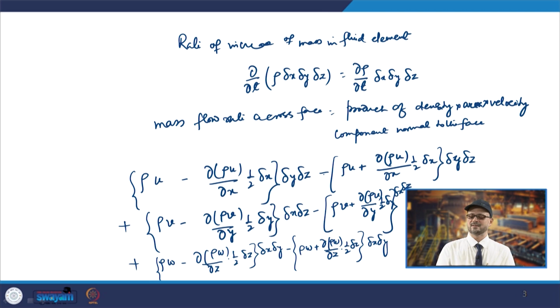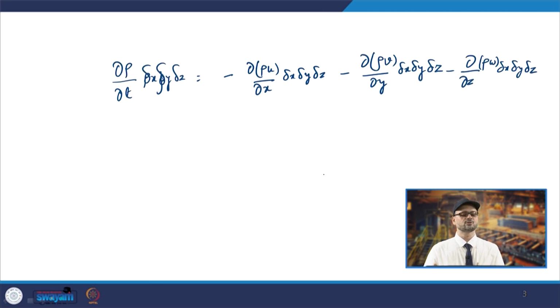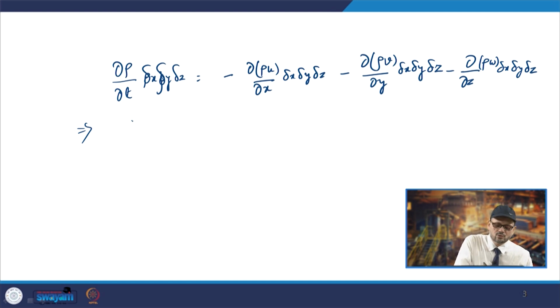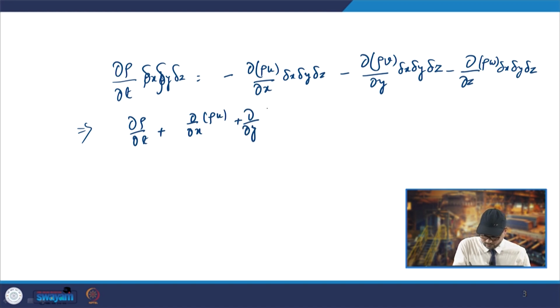So the half δx will be δx, so δx δy δz. Now δx δy δz can be cancelled on both sides. So you can write ∂ρ/∂t plus ∂/∂x of ρu plus ∂/∂y of ρv plus ∂/∂z of ρw equal to 0.